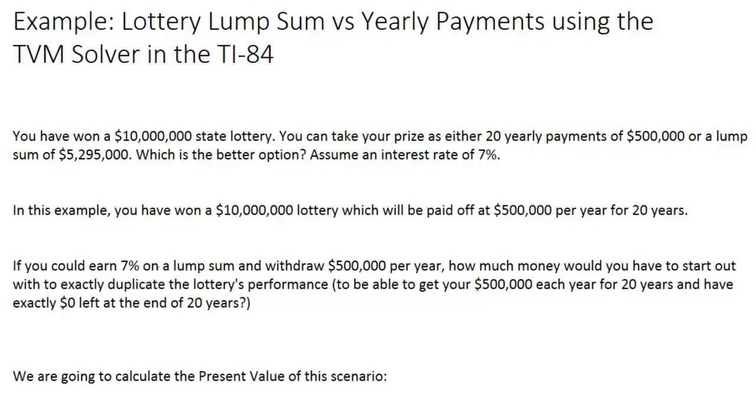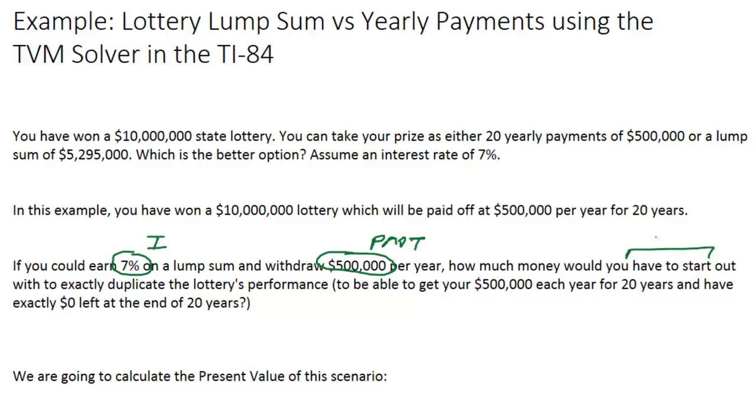So let's use the information that we're given. We definitely know our interest rate, which is 7%. So that's going to be our I. Remember, we're going to use the TVM solver. The $500,000 that we're withdrawing each year, that's our payment. How much money would you have to start out with? That's our present value.